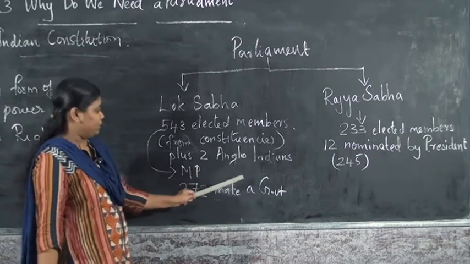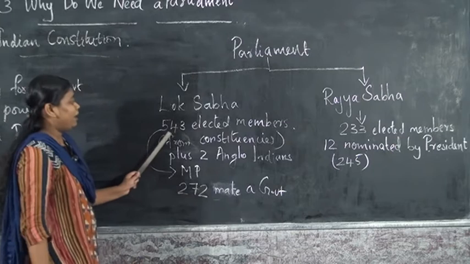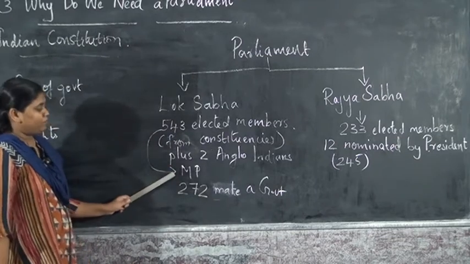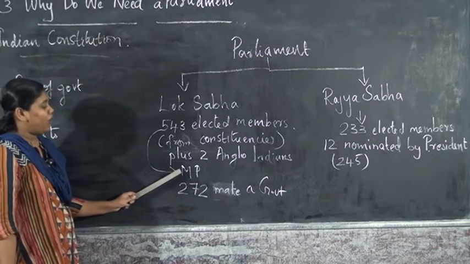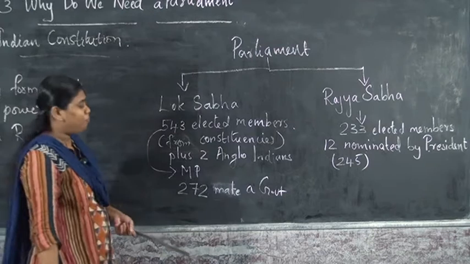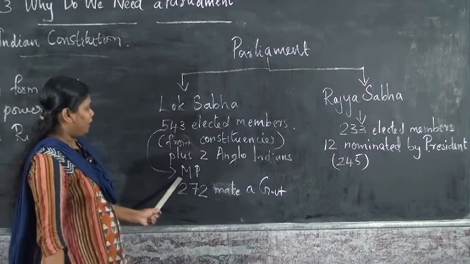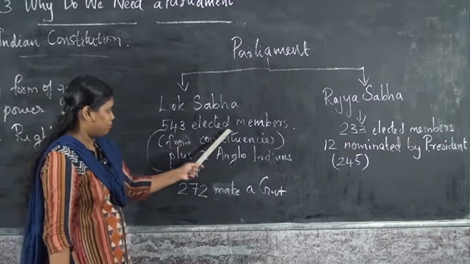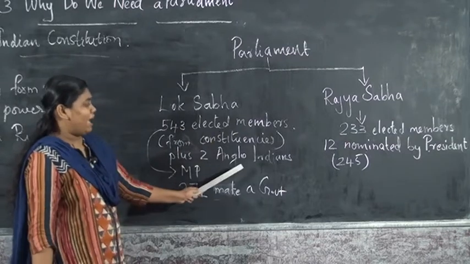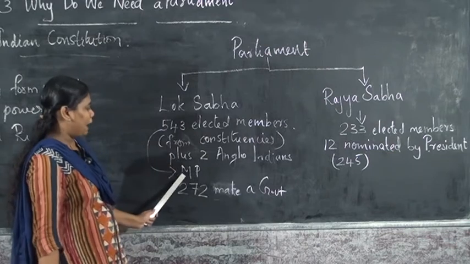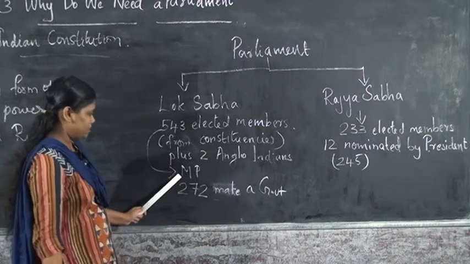And these 543 elected members are known as MPs. What is the full form of MP? Member of Parliament. So in our Lok Sabha there are 543 elected members plus 2 Anglo-Indians, and these elected people are known as MPs, or Members of Parliament.